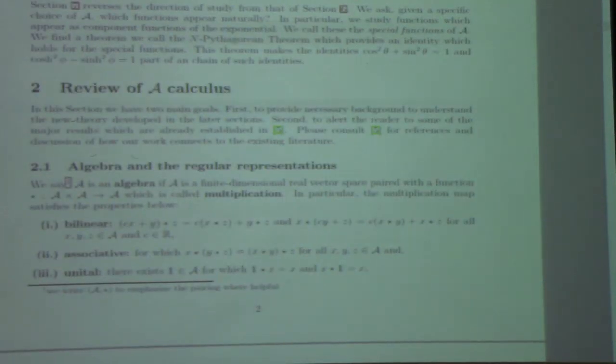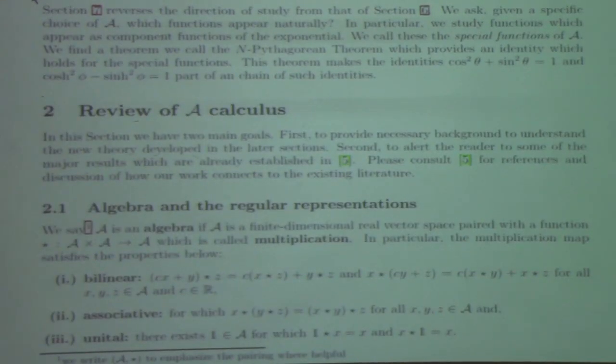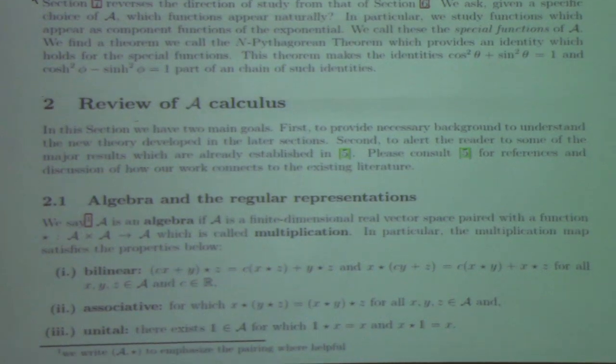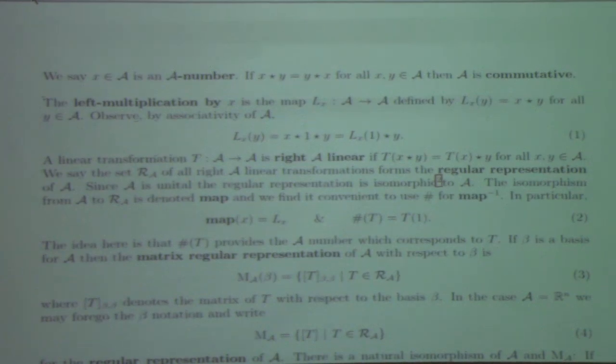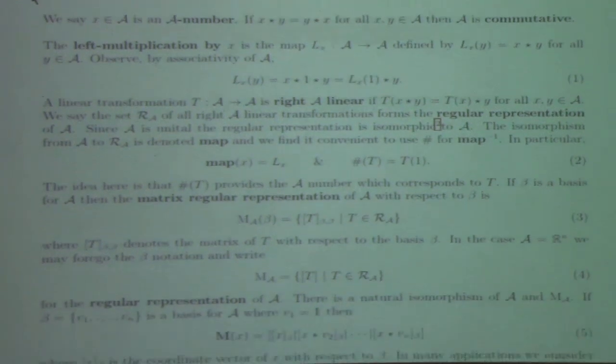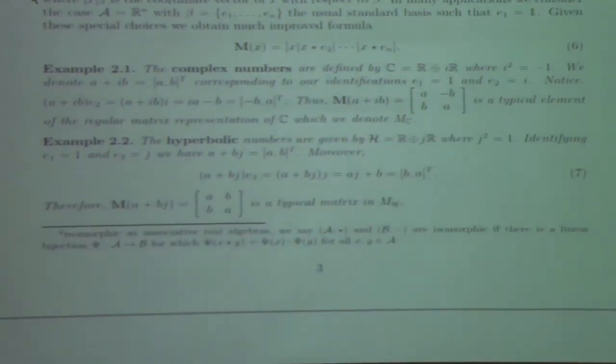So we've already gone over this: what's an algebra? We know that, right? Left multiplication maps, right multiplication maps, your regular representation, with or without a basis, all that good stuff. There's your regular representation of the complex numbers.